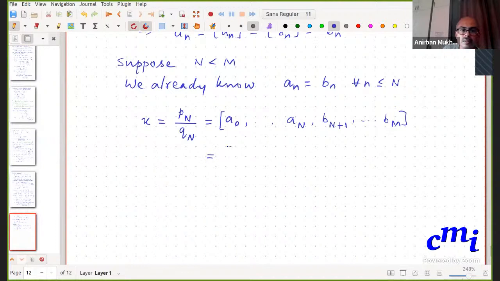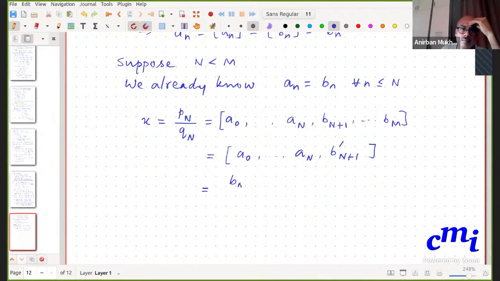So what is this quantity? We can write it as A naught to An, and then Bn plus 1 dash, the complete quotient. So this is the same as the complete quotient.